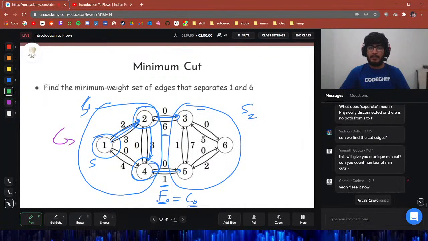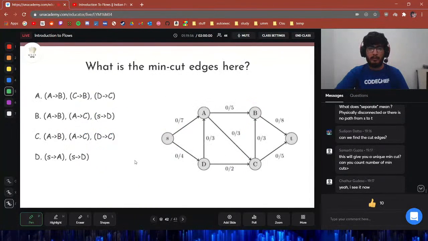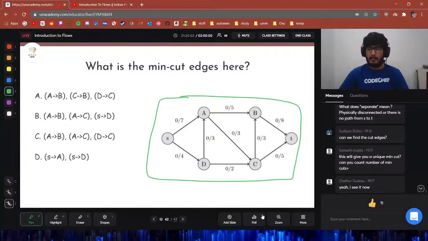Just give a thumbs up if you understand how to find the minimum cut edges, right? And to see if you do truly understand this, this is also a really simple problem. I'm going to be creating a poll here, right, of 90 seconds. So you can answer. Let me actually check what the answer is.